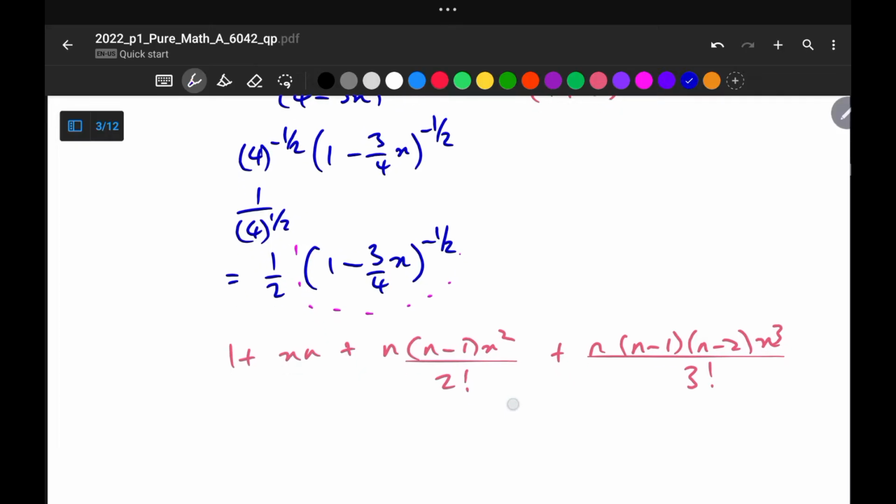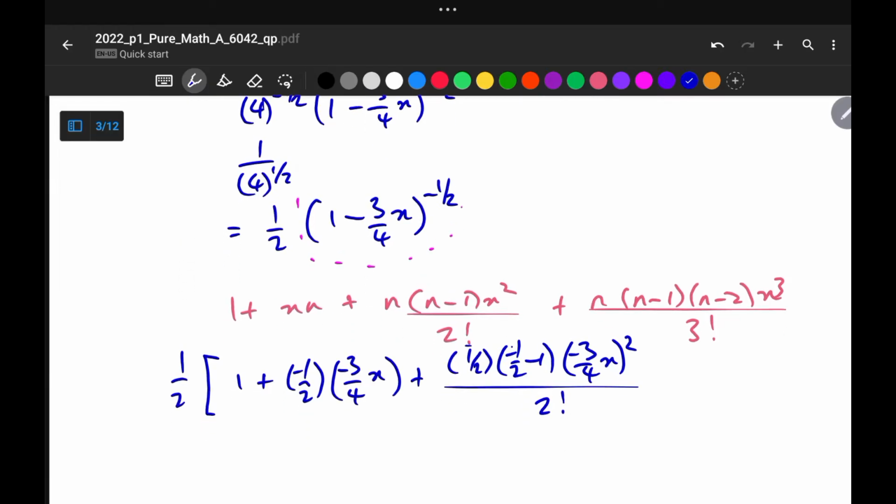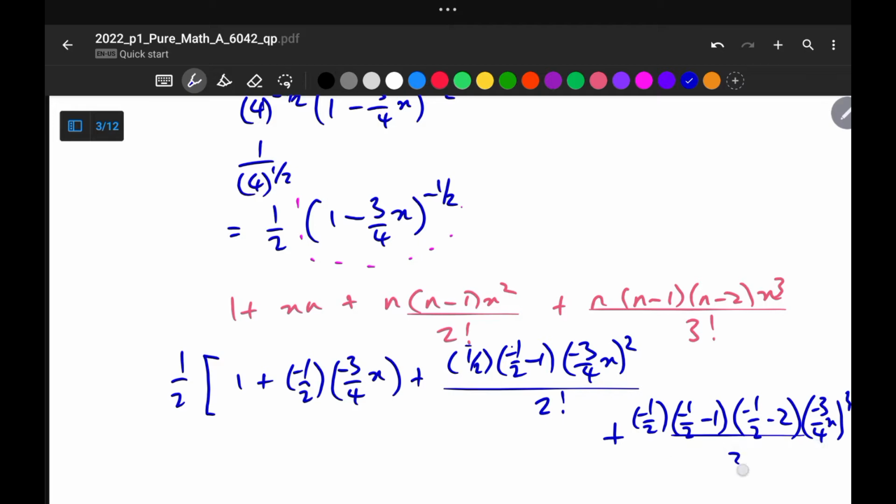So we have half multiplied by [1 plus negative half multiplied by negative 3 over 4 x, plus negative half multiplied by (negative half minus 1) multiplied by (negative 3 over 4 x) squared divided by 2 factorial, plus negative half multiplied by (negative half minus 1) multiplied by (negative half minus 2) multiplied by (negative 3 over 4 x) cubed divided by 3 factorial].